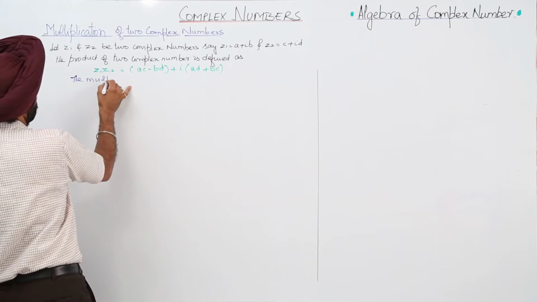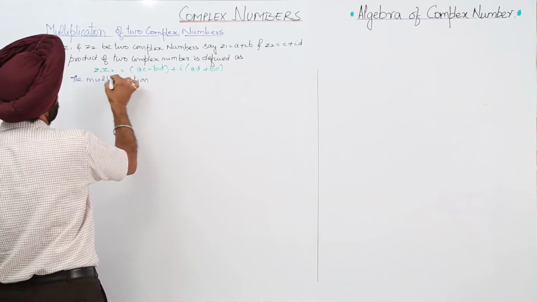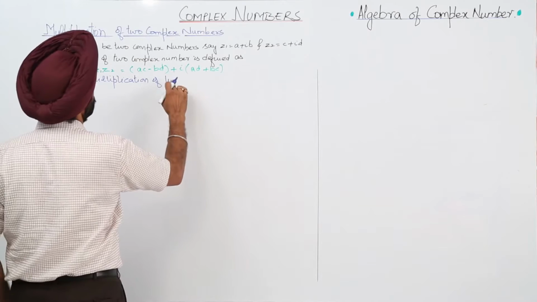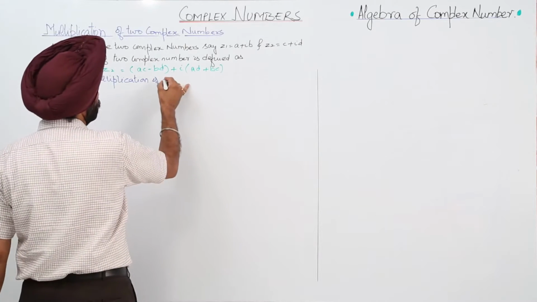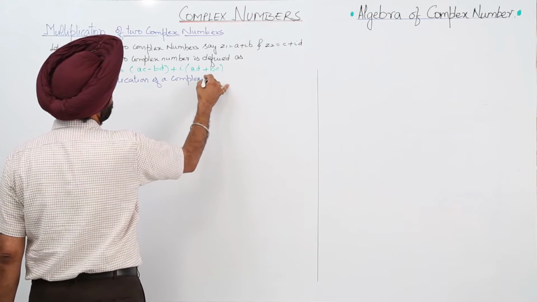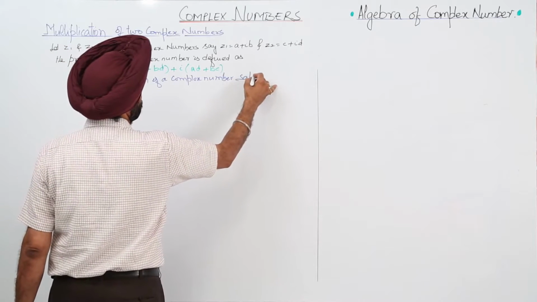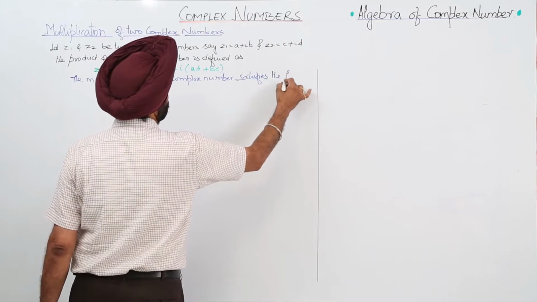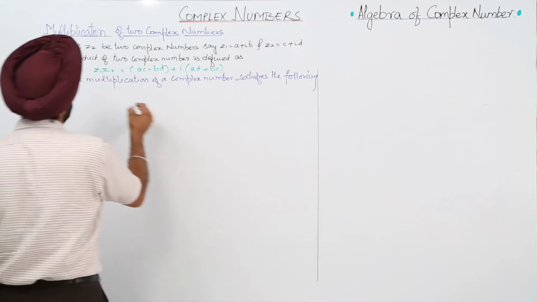The multiplication of two or more than two complex numbers satisfies the following conditions.